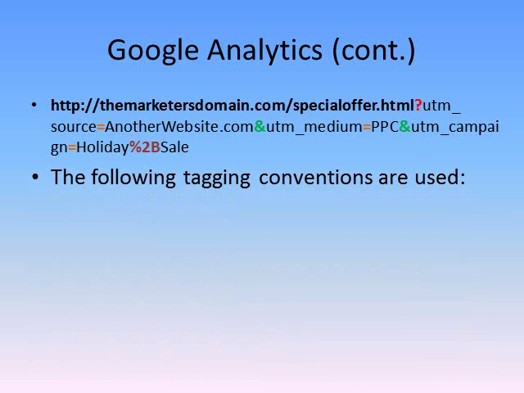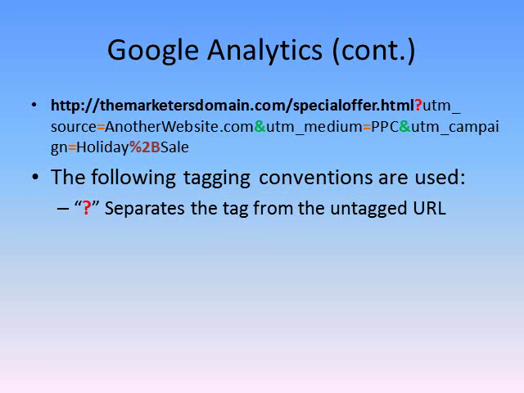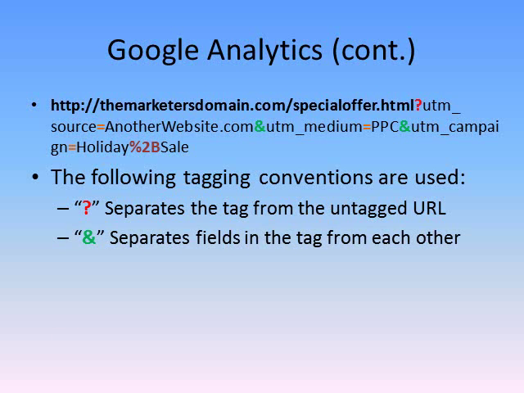Let's look at what tagging conventions are used in that. As I said, the question mark separates the tag from the untagged portion of the URL. It just separates the stuff Google Analytics needs from the stuff that just shows the address of your web page.